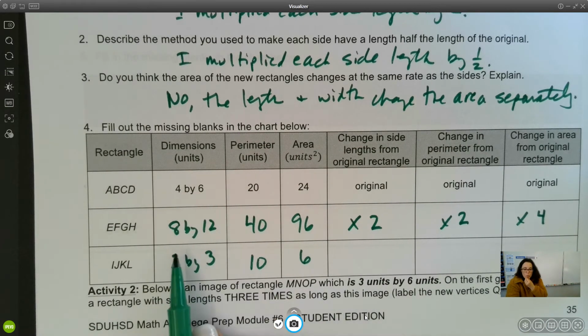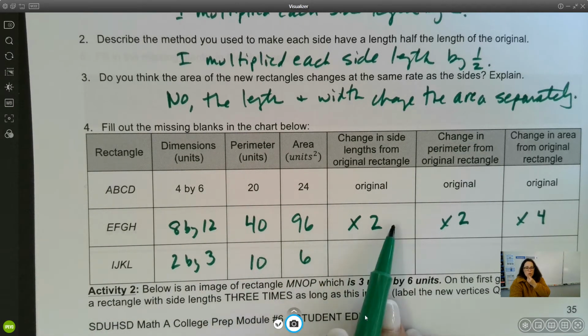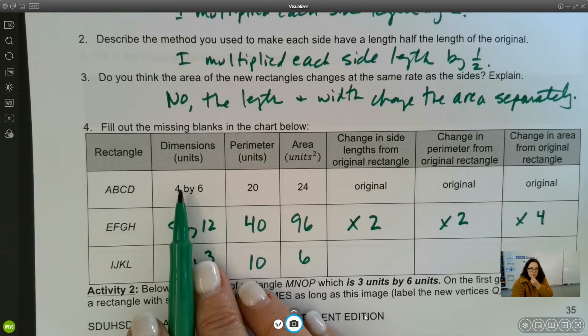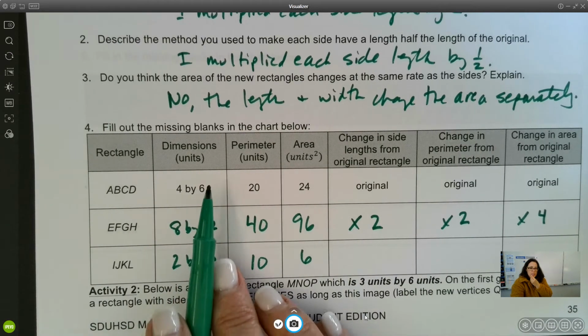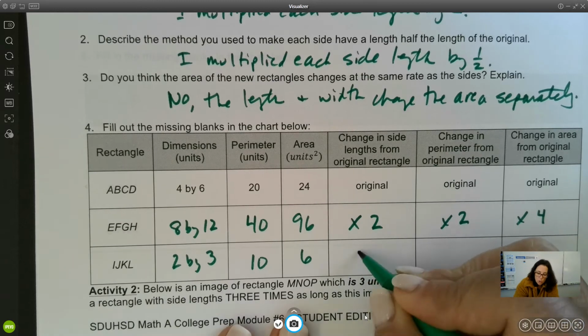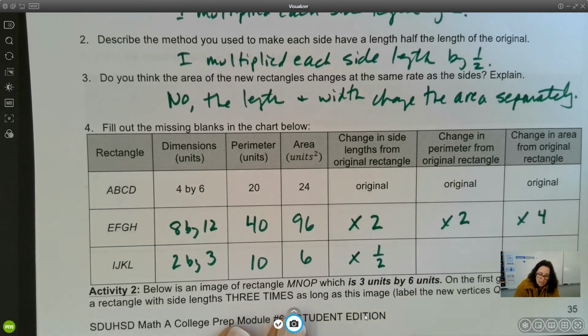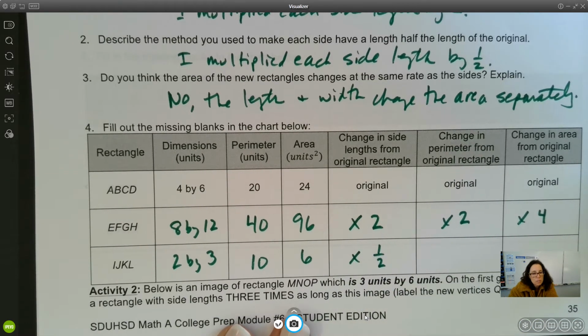from the original, we're not comparing it to this row, we're comparing it to the original. So 4 became a 2, 6 became a 3. We multiplied that by 1/2. Now it's really important to understand, think of it in terms of multiplying and not division.